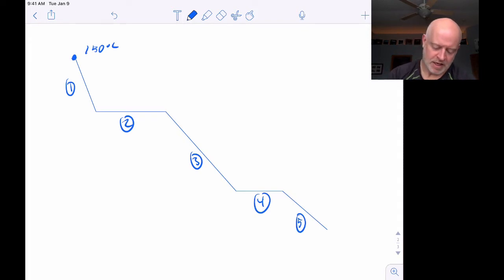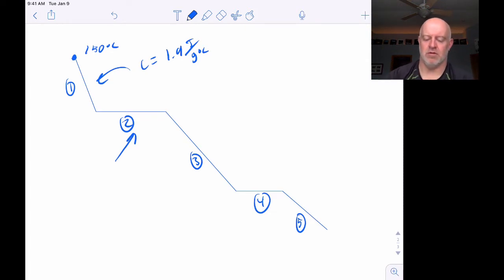In this one, I'm going to use q = mcΔT, and my C value. My C value for steam, if I look that up, is 1.9 joules per gram degree Celsius. I'm going to condense, so now I'm going to look at the heat of vaporization for water.